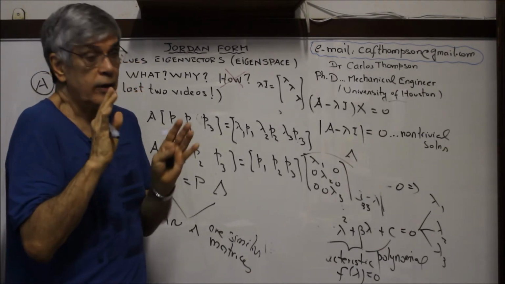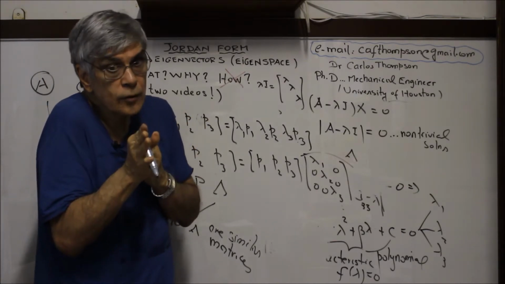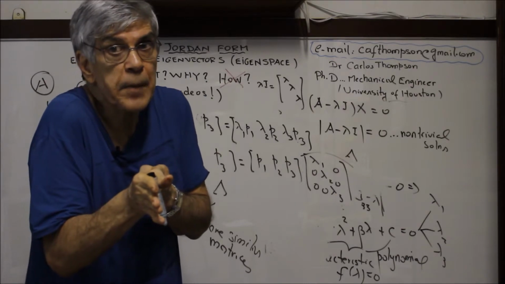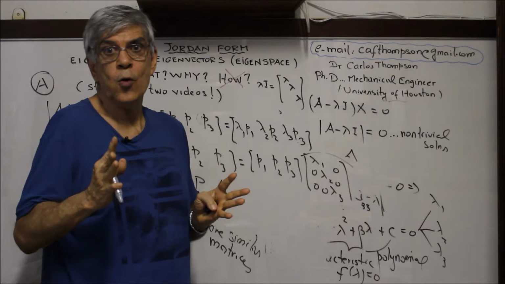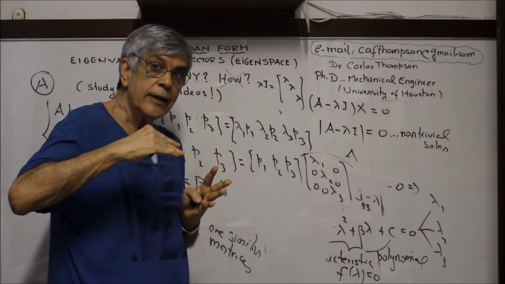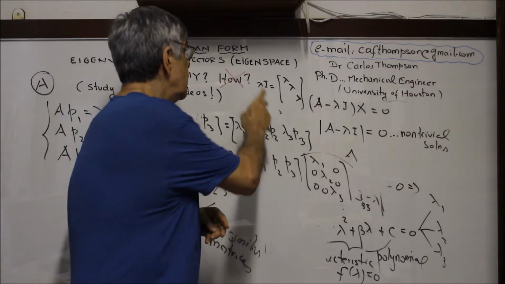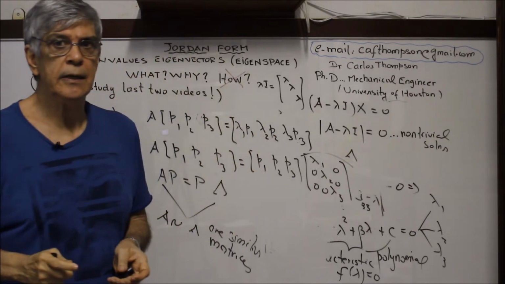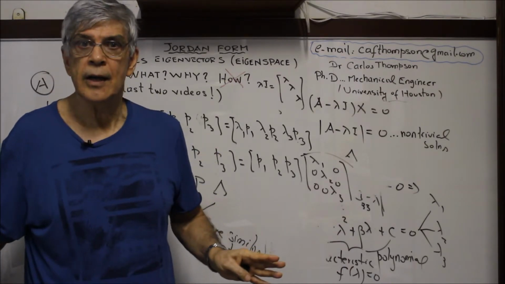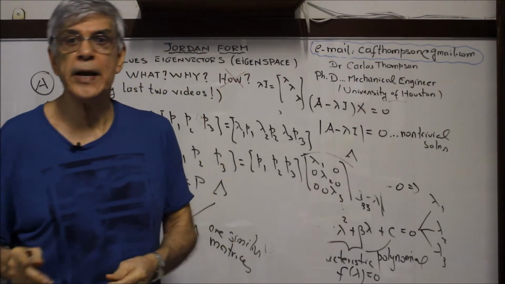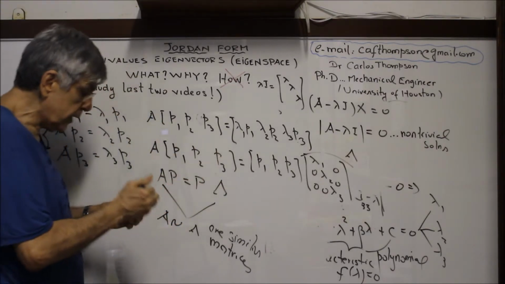Now I'm walking toward the magic P, to open it, to know where the P came from, and later how you calculate the P, solving the homogeneous equation. See, I didn't solve anything. I just got the diagonal matrix just knowing P1, P2, and P3.